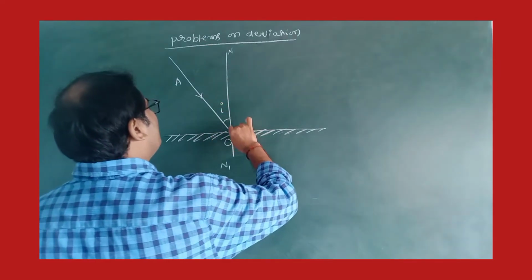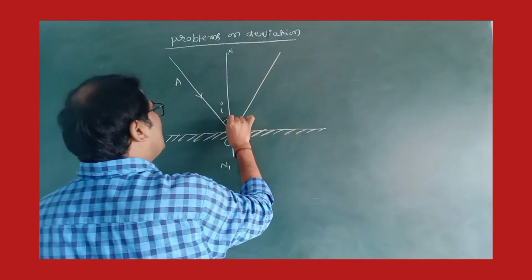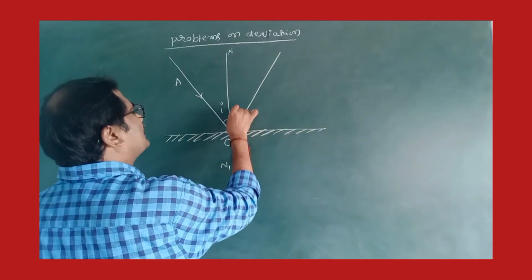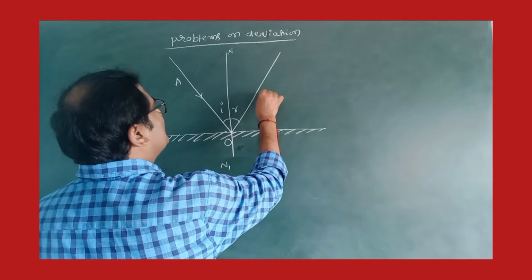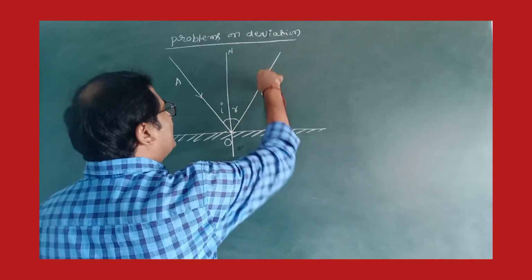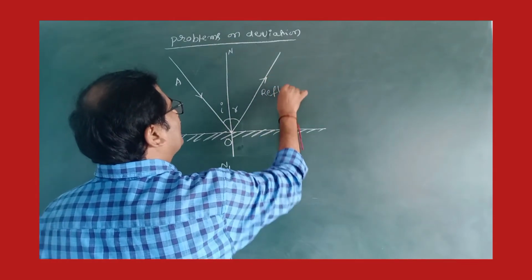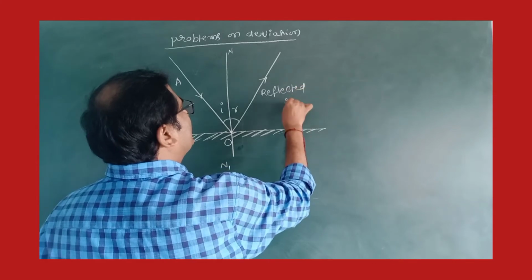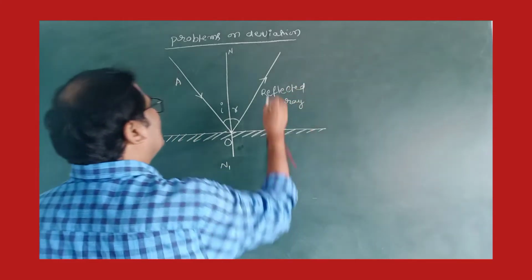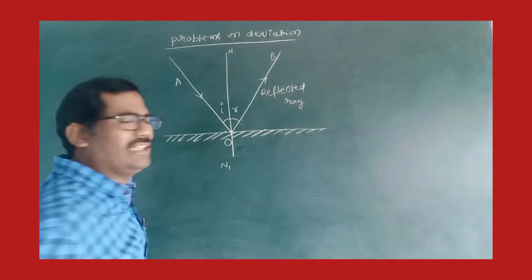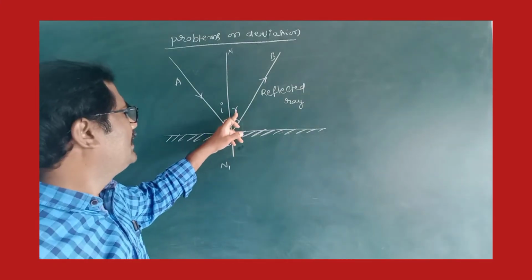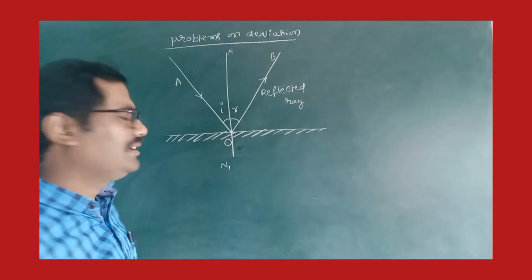and the angle between the normal and the reflected ray is called the angle of reflection.